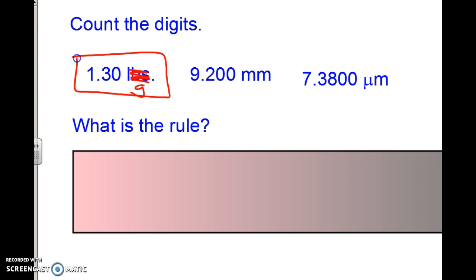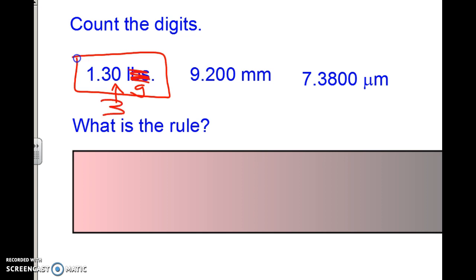If you put something on a balance and you had a mass of 1.30 grams, and I asked you to write down your data, you would write down 1.30 grams. This 0 is part of your measurement. Since it is part of your measurement, it is considered a significant digit. And this one would have 3 significant digits.